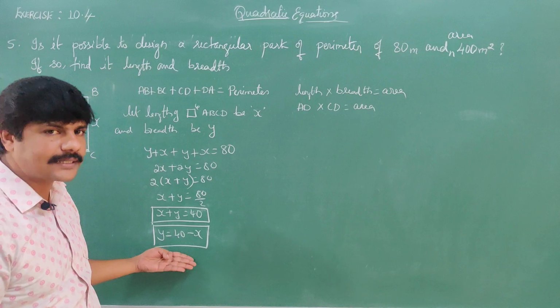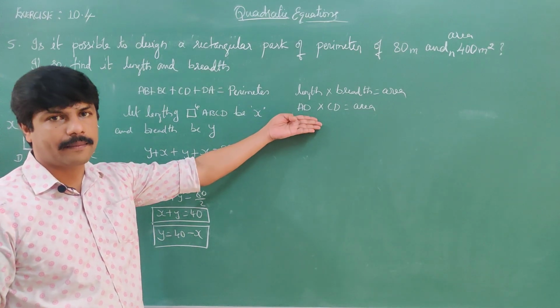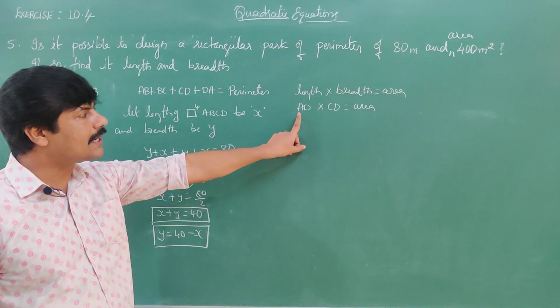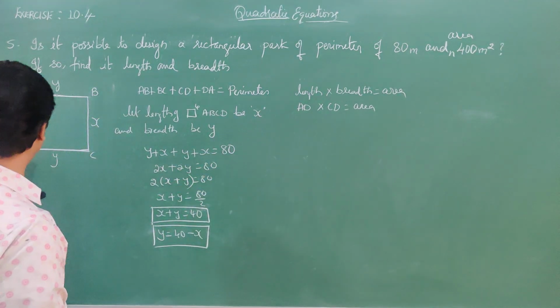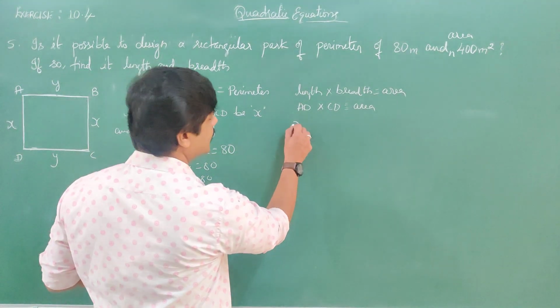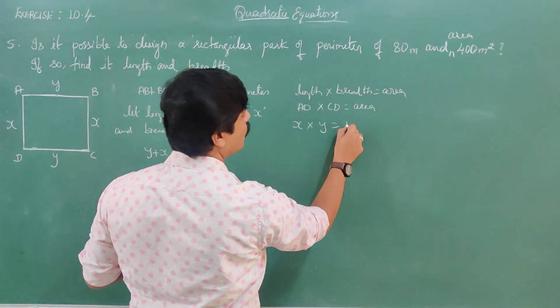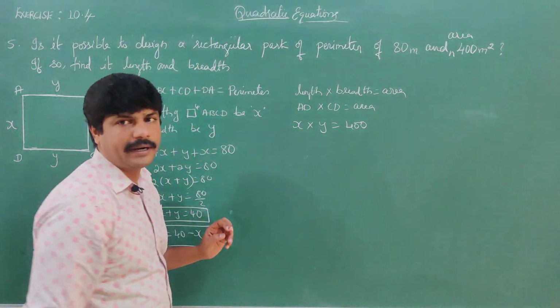This is necessary here. So what is the area? Length into breadth. What is AD? AD is nothing but X. Length is X, and breadth is Y, which is equal to 400 meter square.